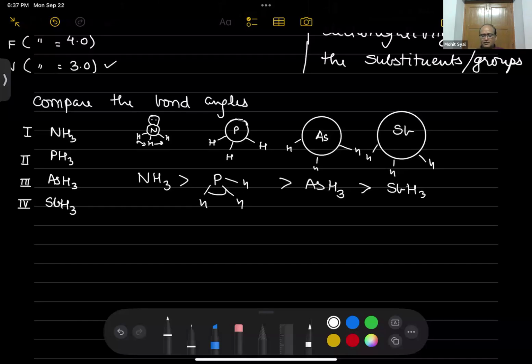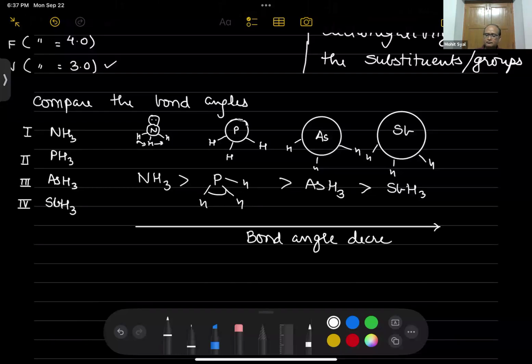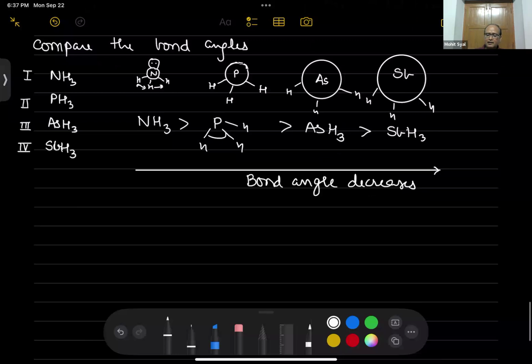So lesser repulsion, so the bond angle decreases. Is it clear? This is with the increase in size of the central atom.